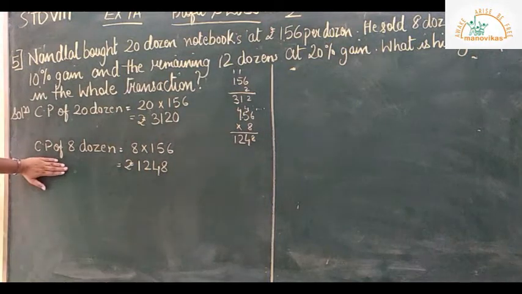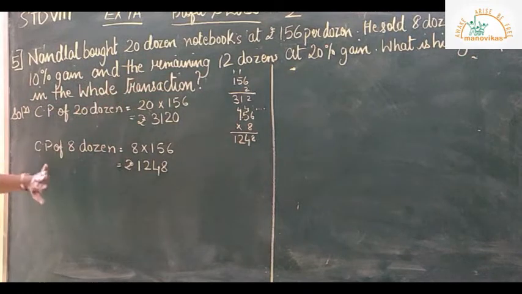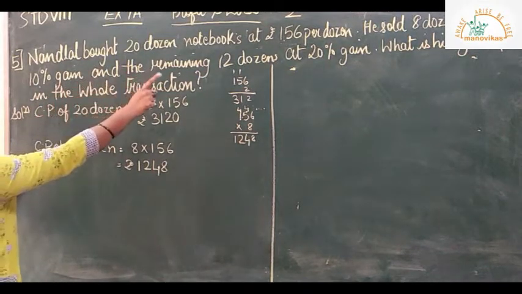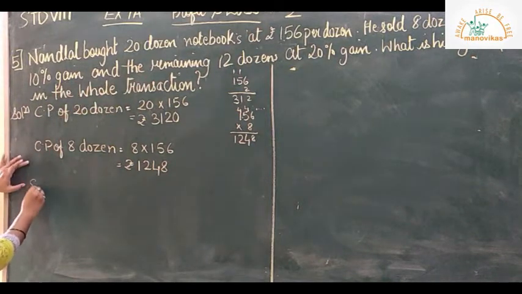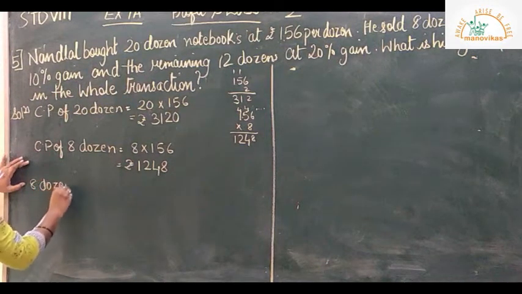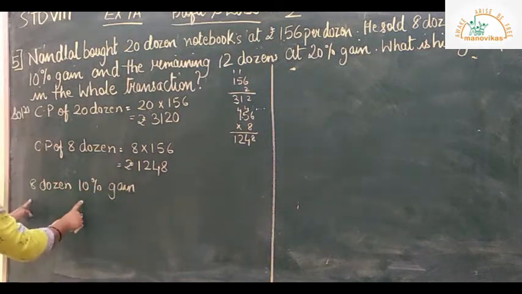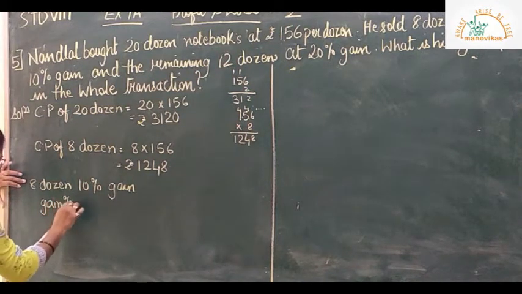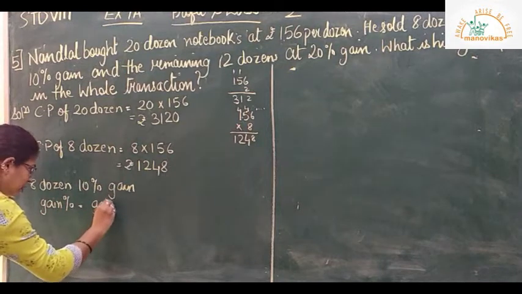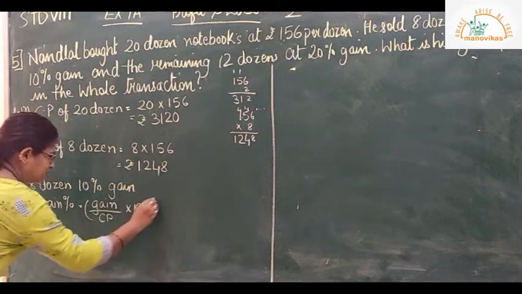Now, what is said here? He sold 8 dozen of them at 10% gain. So he sold 8 dozen for 10% gain. So what is the gain in this? We write it here: gain percent is equal to gain upon cost price into 100%.